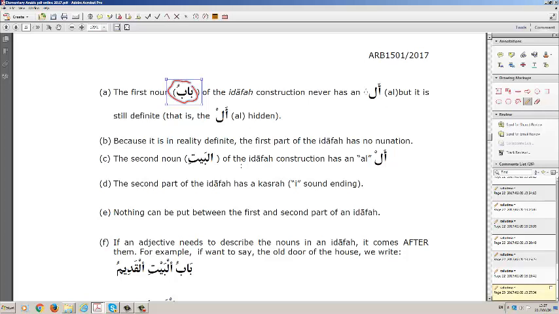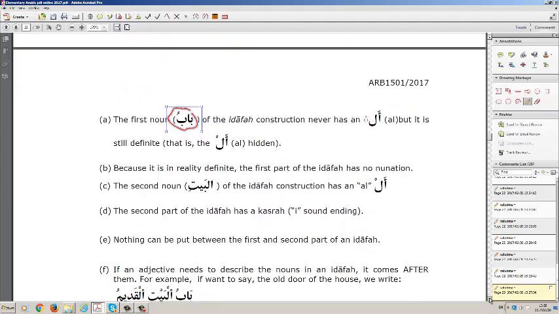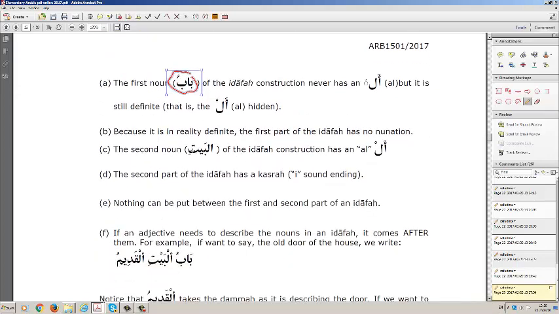The second noun, though, does have the al, and it takes a kasra because it owns the door. The house owns the door. The door belongs to the house, so it's showing possession. And that is why it takes this E sound here. So the second part of the idafa has a kasra, the E sound.